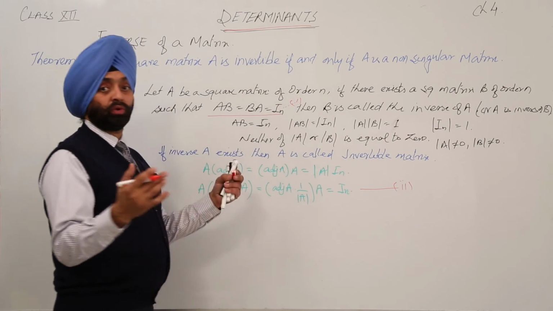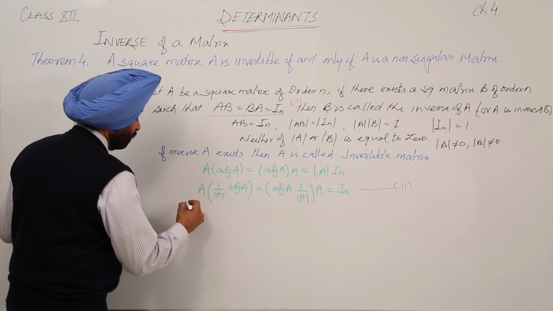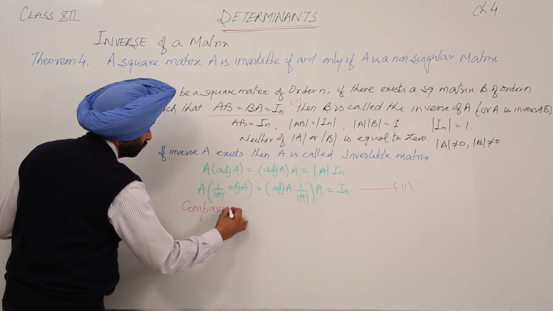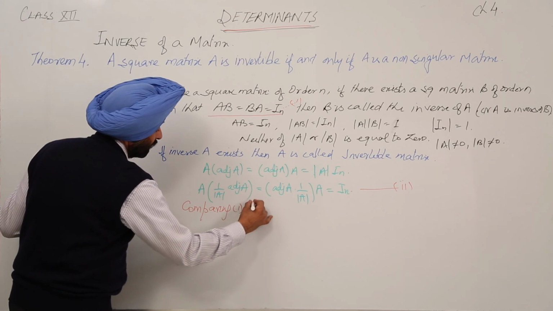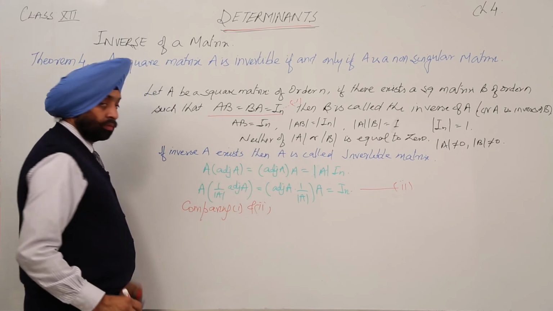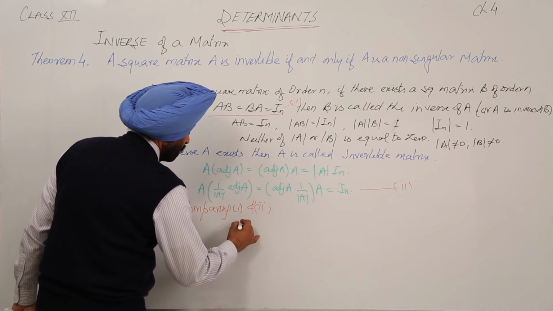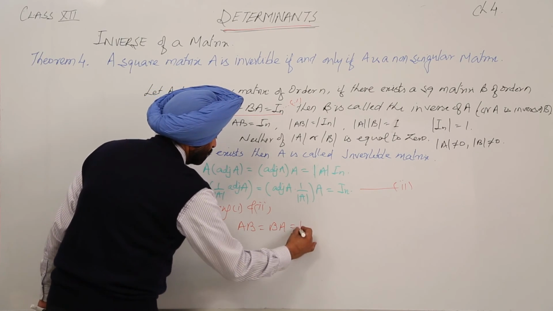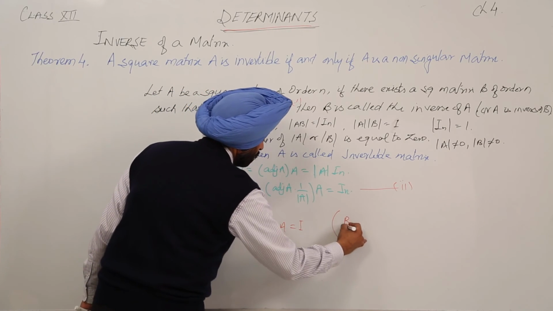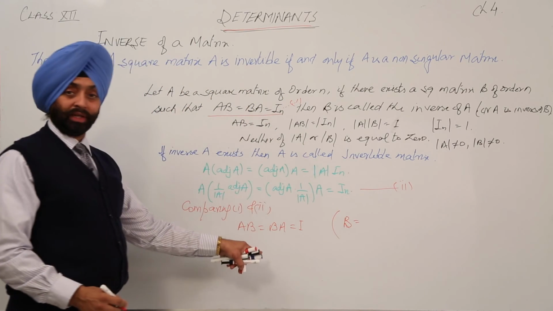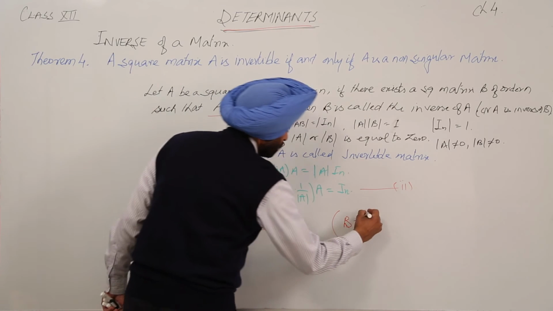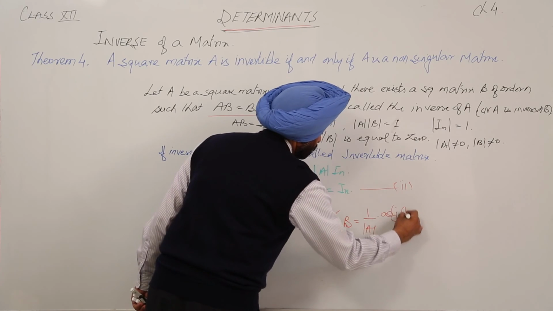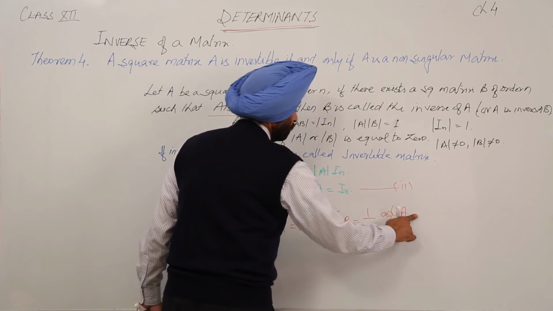Then comparing 1 and 2, can we write AB is equal to BA is equal to I, and B is equal to, what exactly is B? B is 1 upon determinant A into adjoint A. This is B.